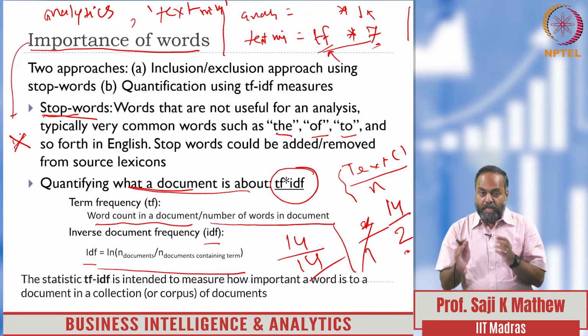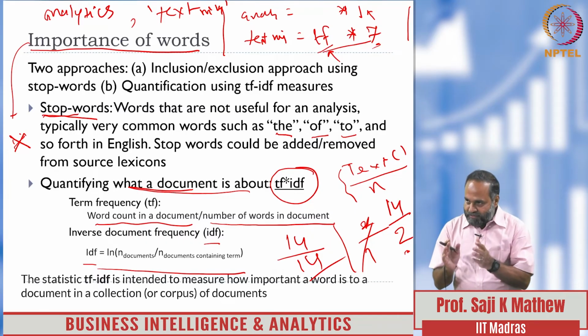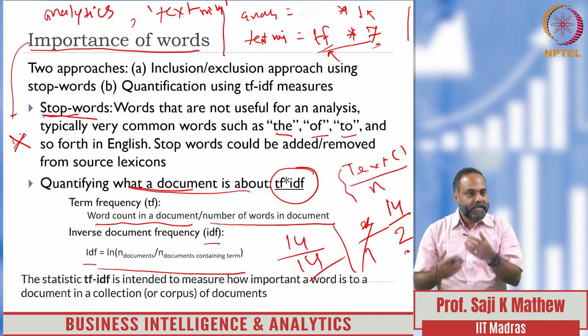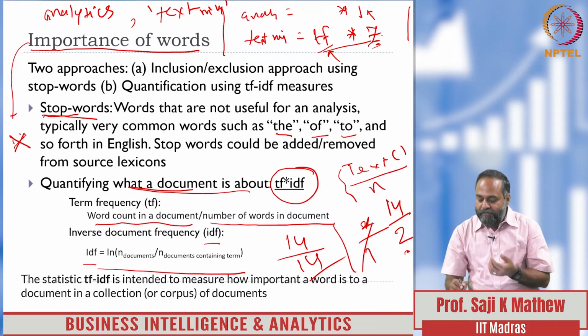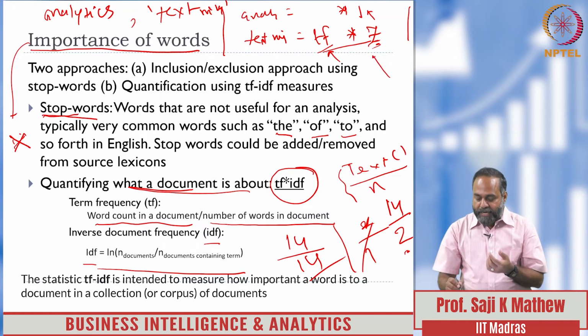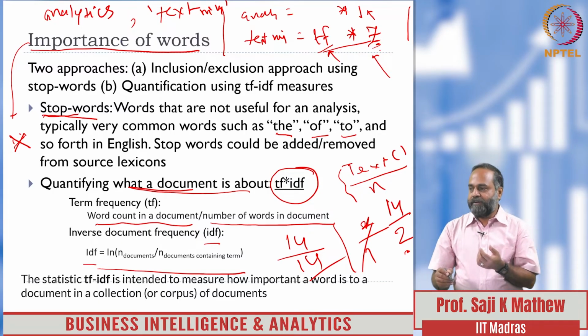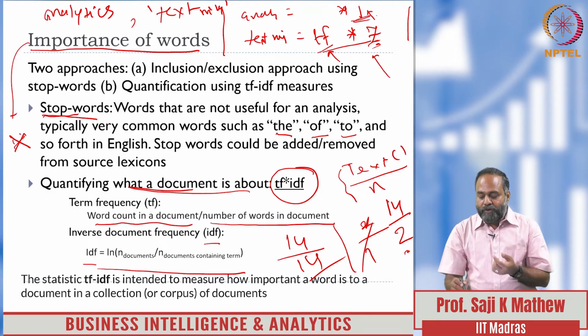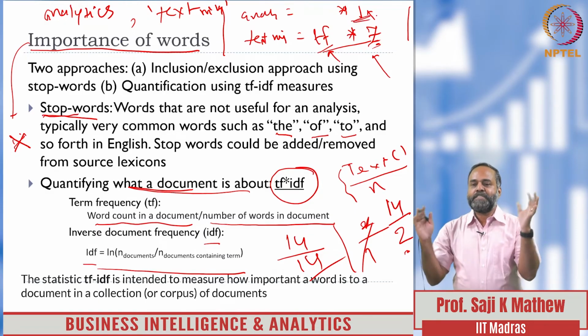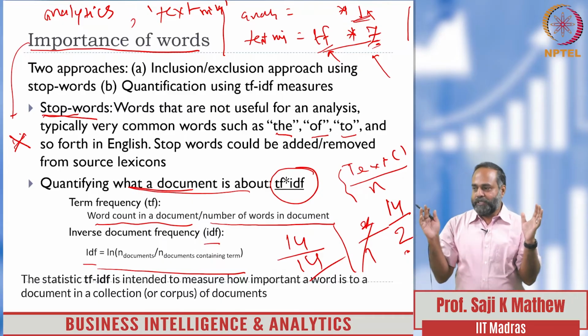Meaning a word which is specific to a document and very dominant in that document gets a higher weight in TF into IDF, as compared to a word which is commonly occurring and does not have any niche or unique importance.